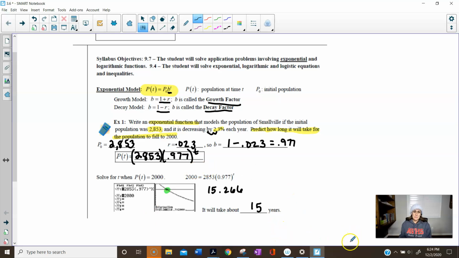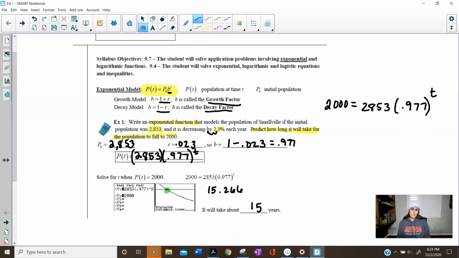Let me show you how you would do it by hand if you're interested in doing it by hand. So by hand, population in terms of time, we want to see when the population drops to 2,000. So you would put 2,000 equals 2,853 times the 0.977, and then raised to the t.